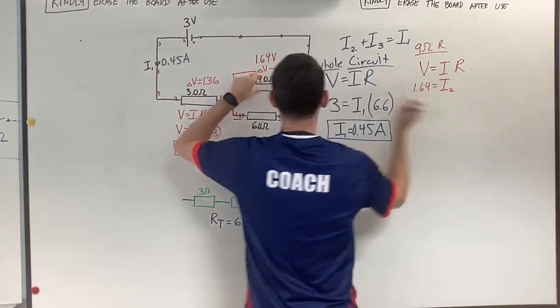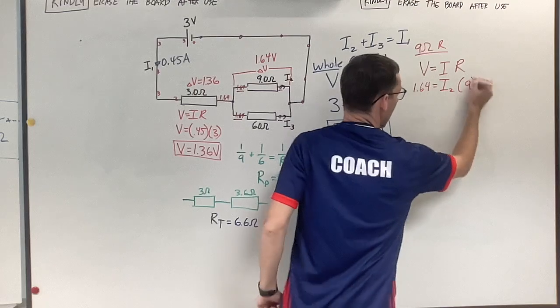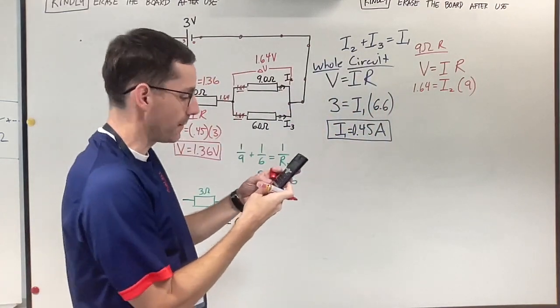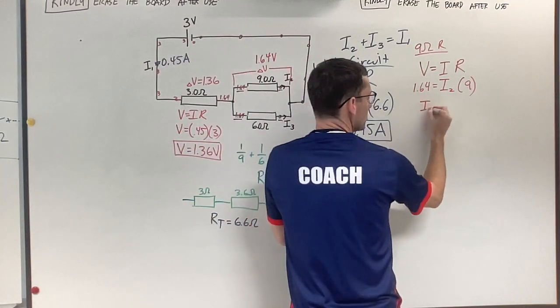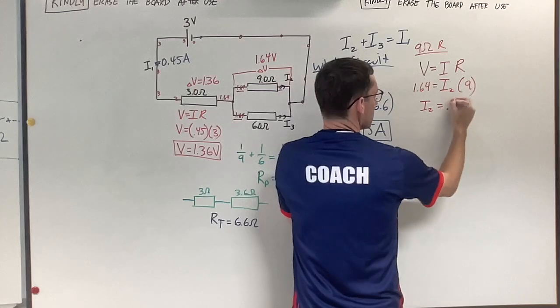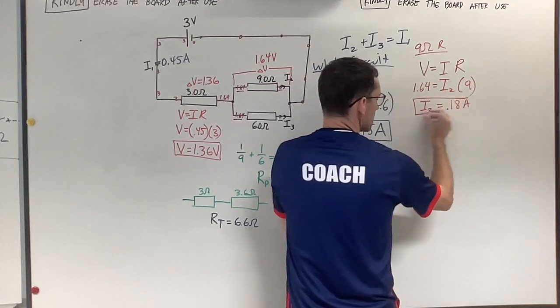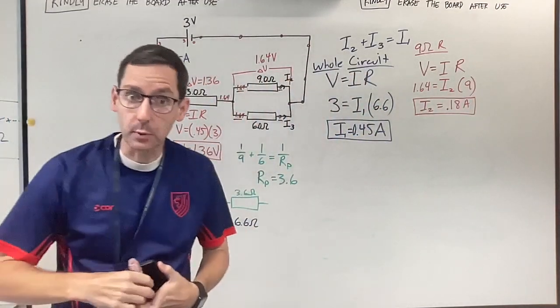That would be current 2, which is what I'm looking for, and the resistance is 9. And so I can go 1.636363 divided by 9, and I get that the current 2 is 0.181818 amps. All right? No problem.